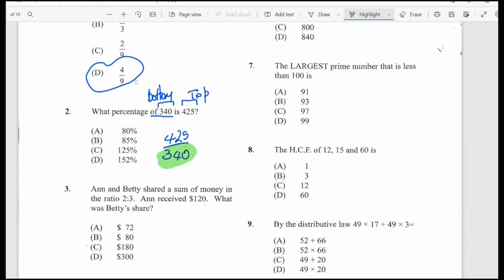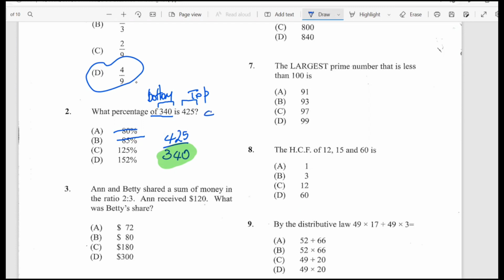So obviously, this question is more than 100% you're dealing with. So there are two answers here that are not a part of this. So it's either 125% or 150. But you can employ subtraction to help you.